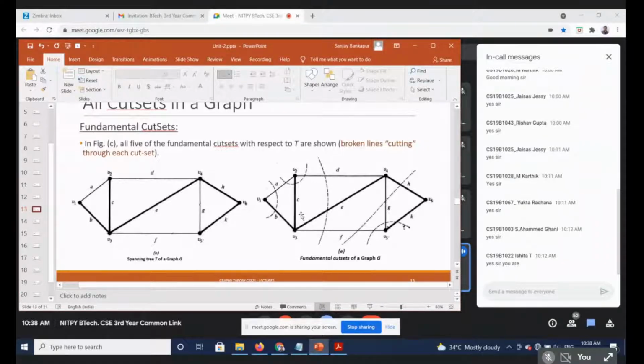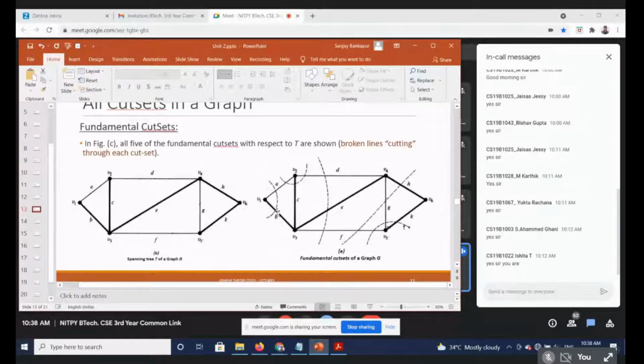So I have to remove all these 4. That's why it's a minimal subset, and that's why it's a cut set. But it is not a fundamental cut set because we are removing 3 branches here. B is a branch, C is a branch, E is a branch, and F is a chord with respect to the spanning tree. So B, C, E, F is not a fundamental cut set. That's why it has not been drawn here.